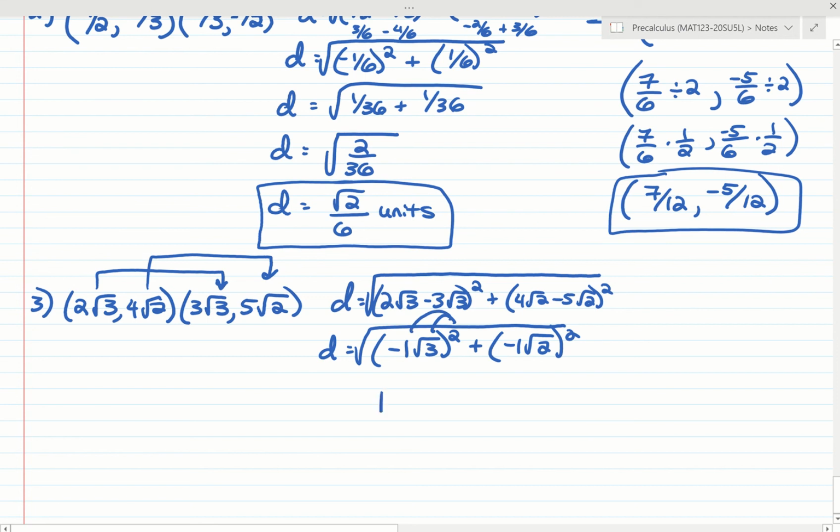Square root of 3 squared, or square root of 3 times square root of 3, is 3. Same thing here. Negative 1 squared is 1. The square root of 2 times the square root of 2 is 2. So we get 3 plus 2 is 5. That would be our distance here.